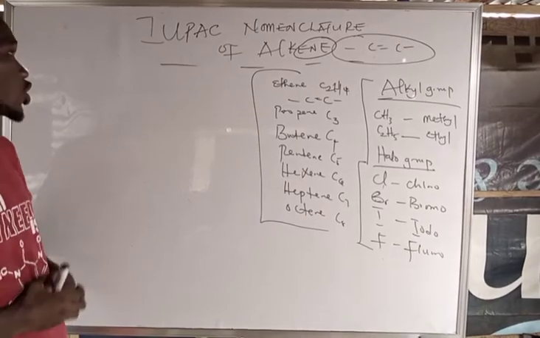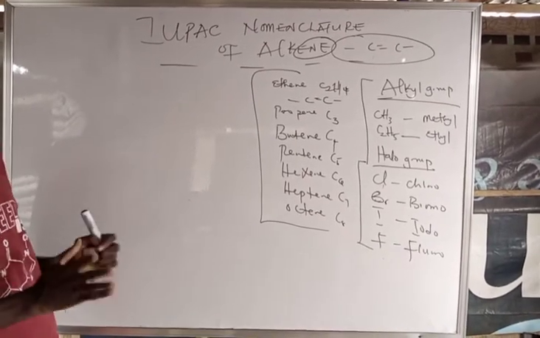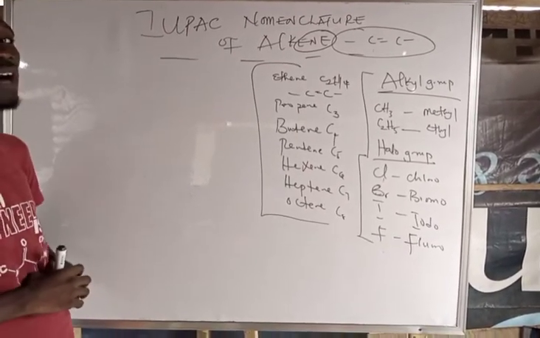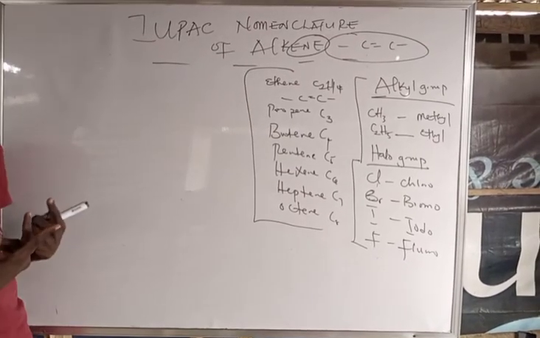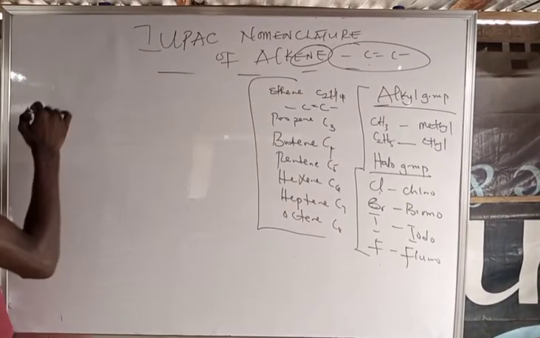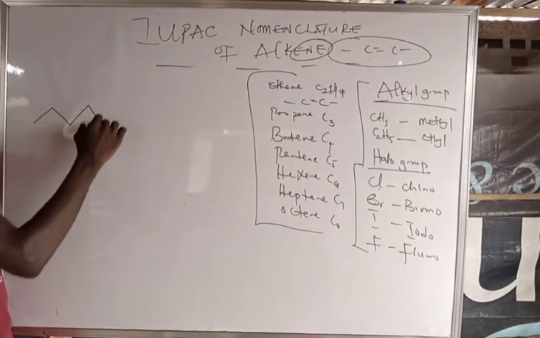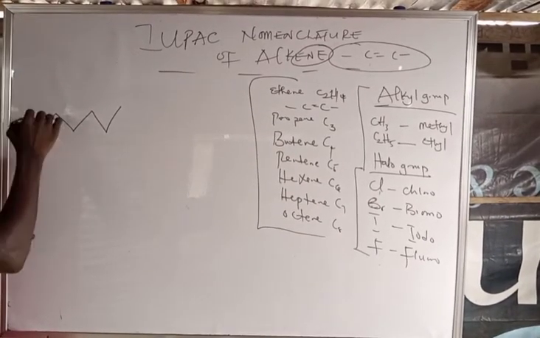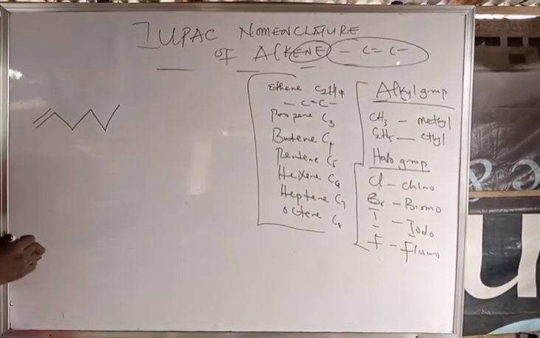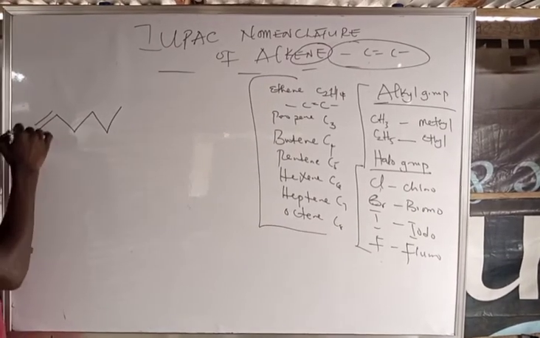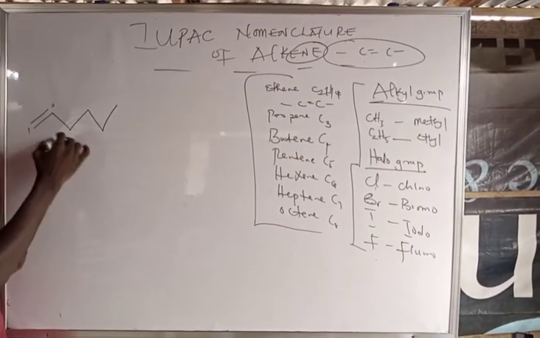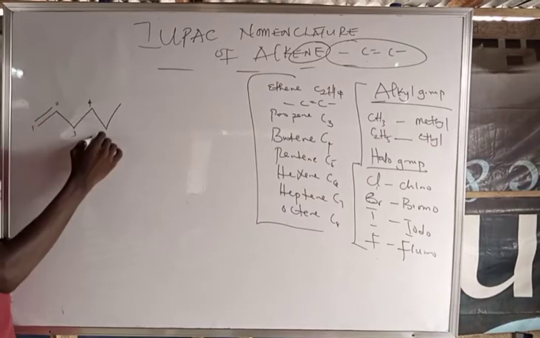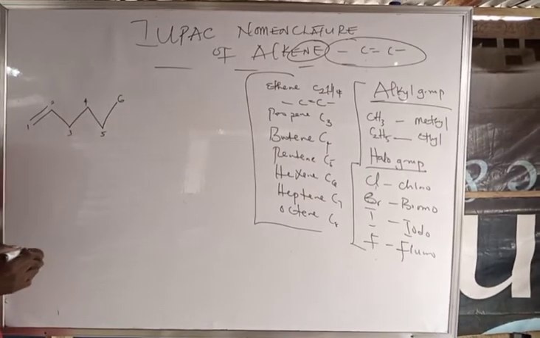With this, we can make the IUPAC nomenclature of alkene easier to understand. When I was teaching you the IUPAC nomenclature of alkane, I made use of 2 patterns. I'll be using the same thing here. Remember it's 1, 2, 3, 4, 5, 6.